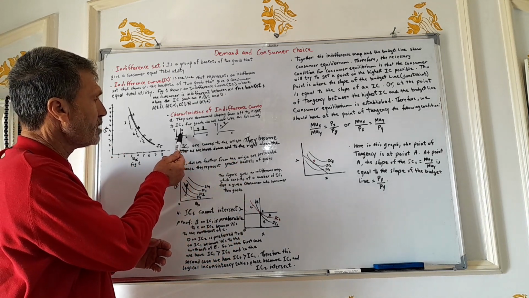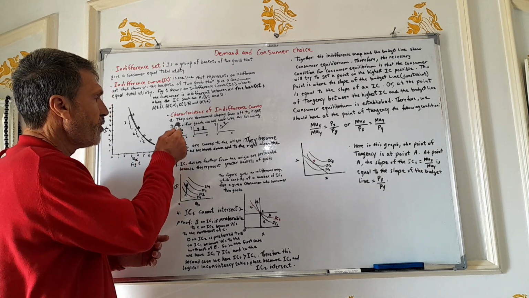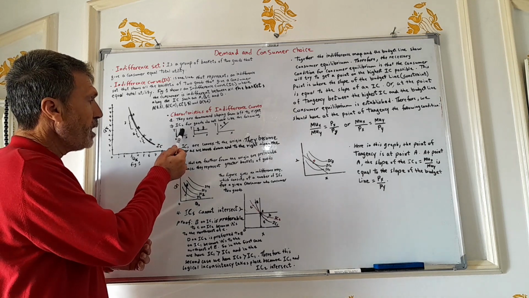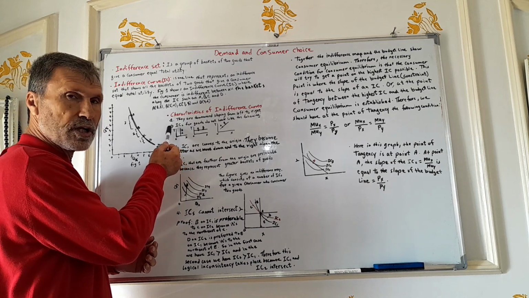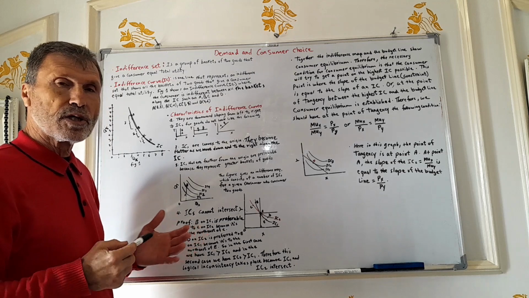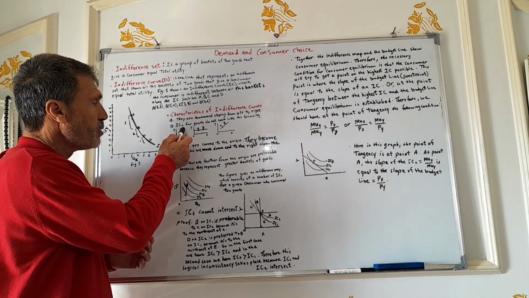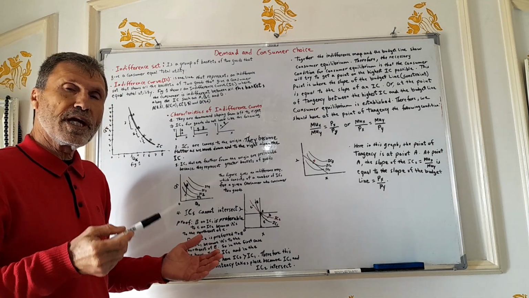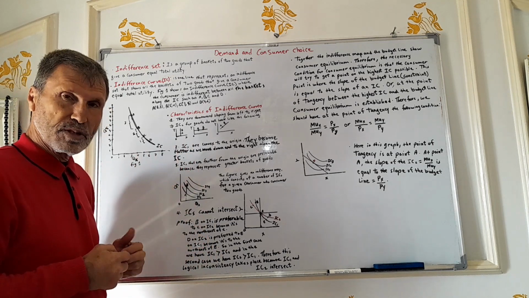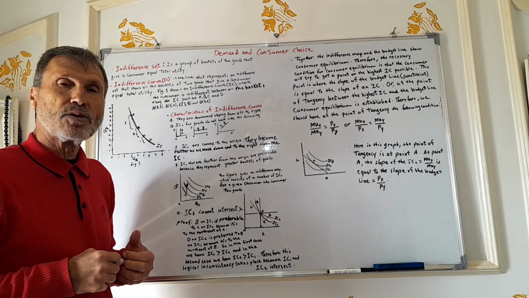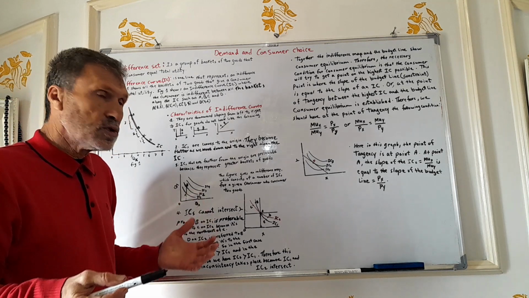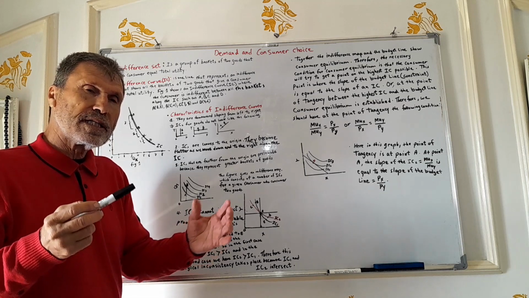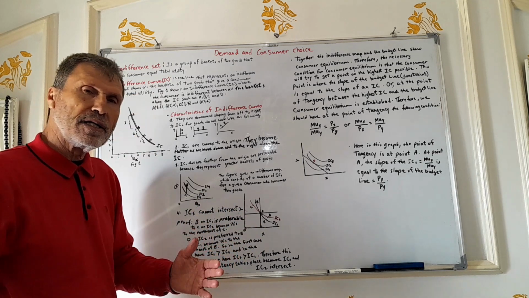If you take this shape over here, where you have a vertical line, it consists of two bundles, A and B. B consists of more units of Y and no less units of X. Therefore, B is preferable to A, and so the consumer would not be indifferent between A and B. Therefore, this won't constitute an indifference curve, because an indifference curve means that the consumer is indifferent between all the baskets along the indifference curve.